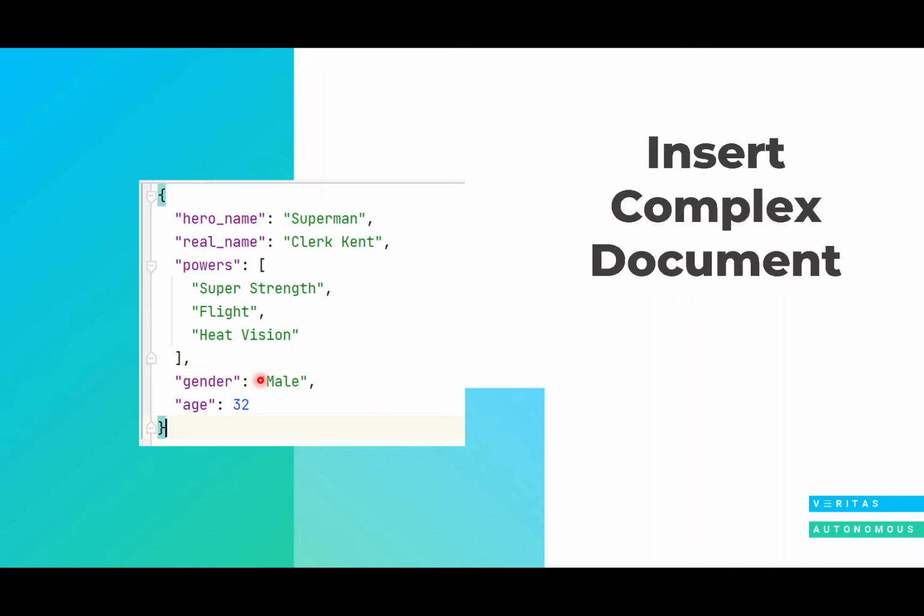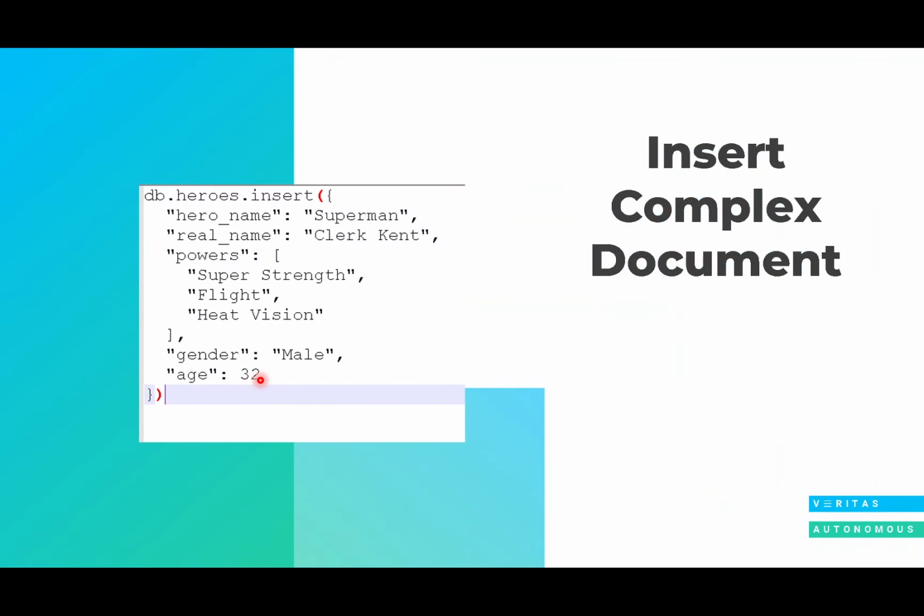If you want to try it, I would recommend that you type it out on a notepad, so you can use Notepad++. Before inserting it, you can create the entire query like this on the notepad itself. db, we are telling db, go to the heroes collection and insert.